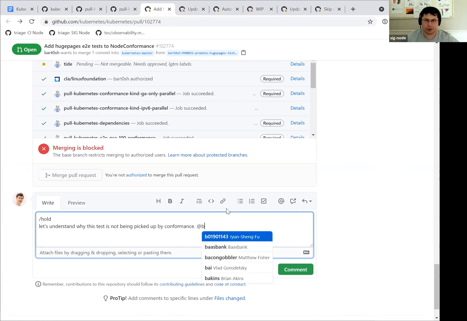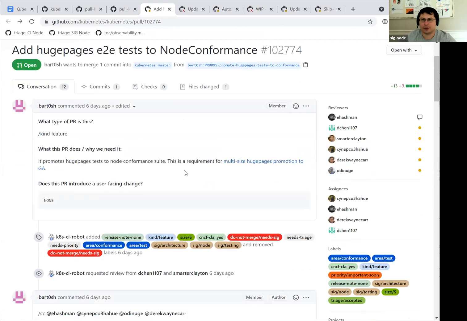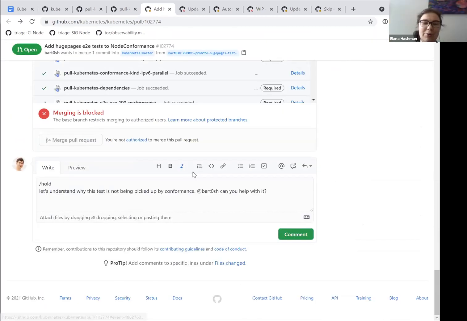Can Bartosz help with that? Because I also think that it likely can be moved. I don't know how it runs. It doesn't need any special environment to run. It needs nodes that I think have the feature on it.